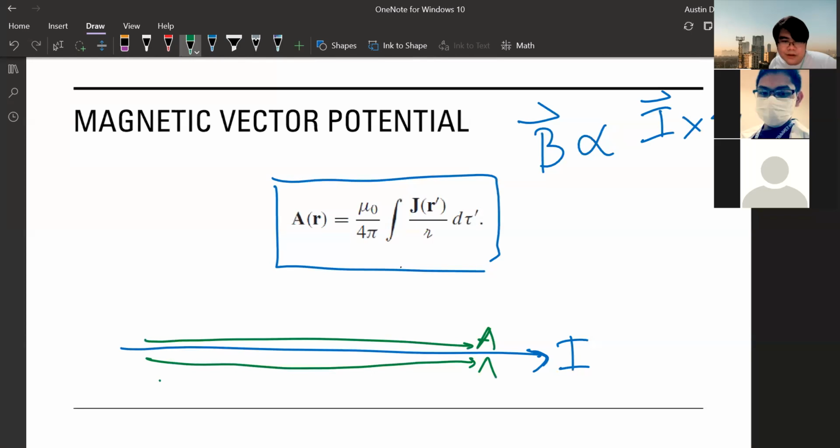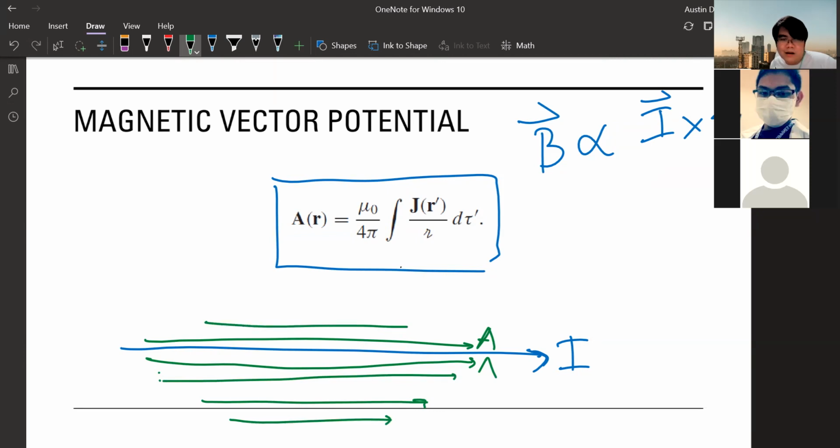Kunyari this is actually weaker. Okay, kunyari mas weaker pag mas maliit yung flow. Alright.